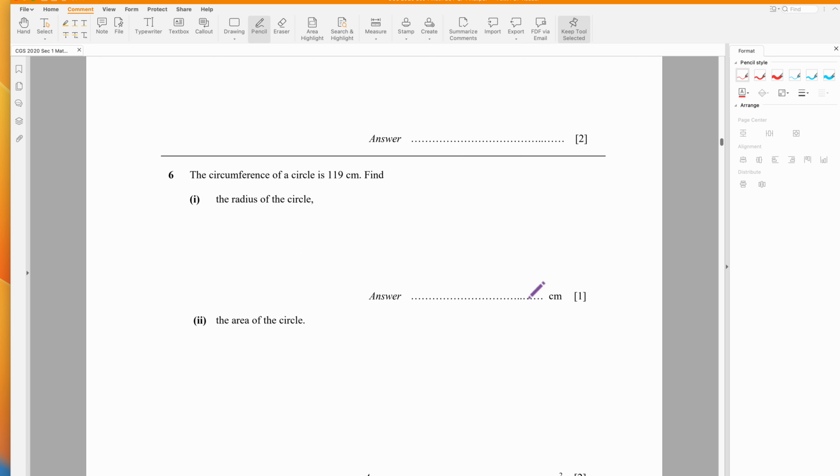Circumference is 1. Actually, they never ask you to round, or no need to round. No need to round. Just give it.